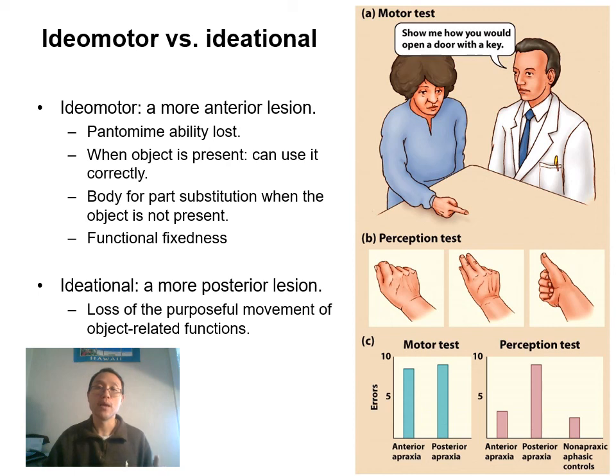This is how you can tell whether a person has a posterior lesion or an anterior lesion in the brain. You can ask them to perform these kinds of movements, and you have a better idea whether they have ideomotor or ideational apraxia.